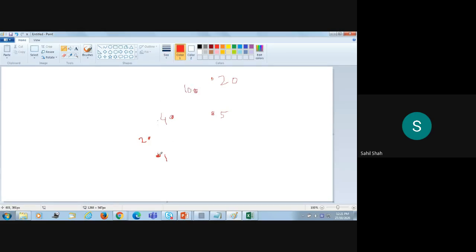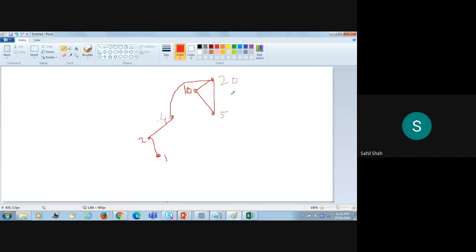So now how to connect? 1 is connected with 2, 2 is connected with 4. 4 and 10 have no relationship, but you have a relationship between 5 and 10. And 5 is also connected with 20. What else can I have? 10 to 20. Yes, it is fine. And further, you will have 4 to 20.